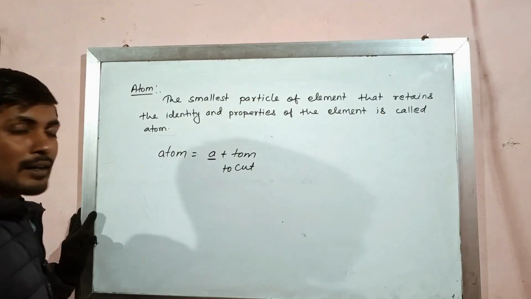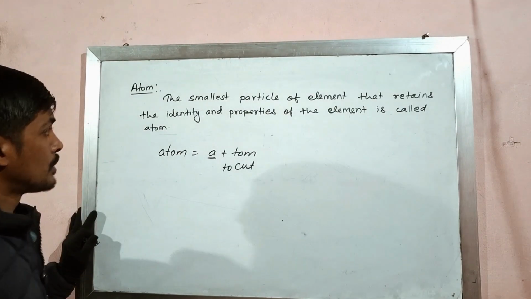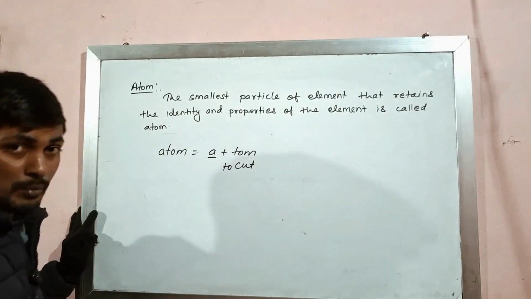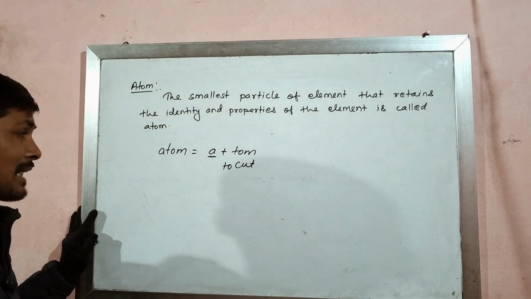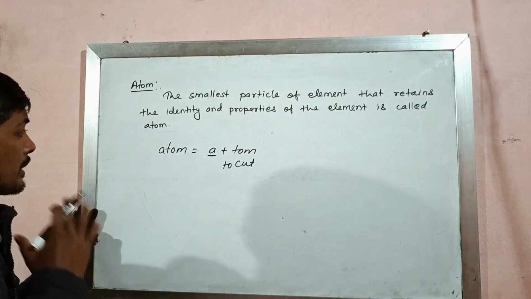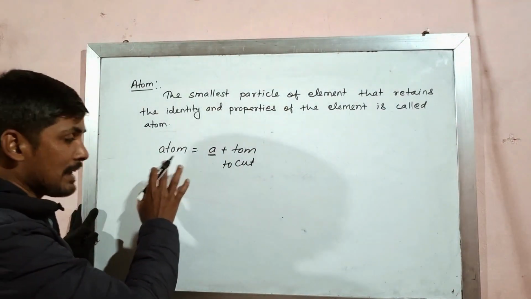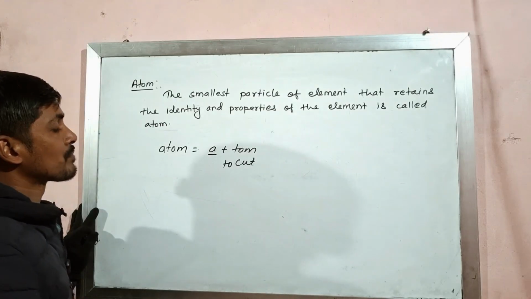That means we are unable to cut something, then that is called atom. So when atom was discovered, it was believed that it is not divisible into small form. That is why the name atom was given.